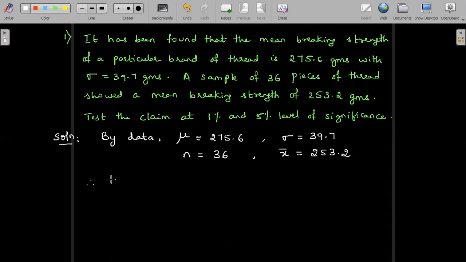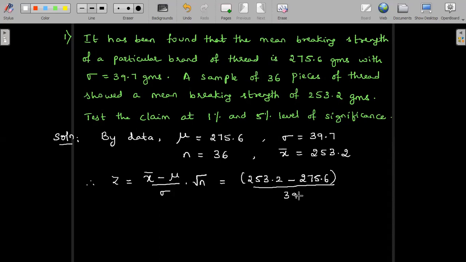So thus we can substitute in the Z formula given by (x bar minus mu) the whole divided by sigma into root n. Substituting all the known values, it is (253.2 minus 275.6) the whole divided by 39.7 and this answer is multiplied with root 36.